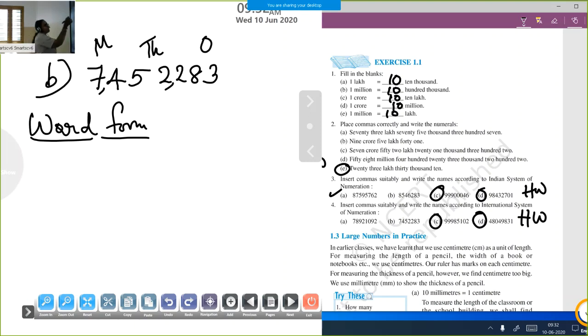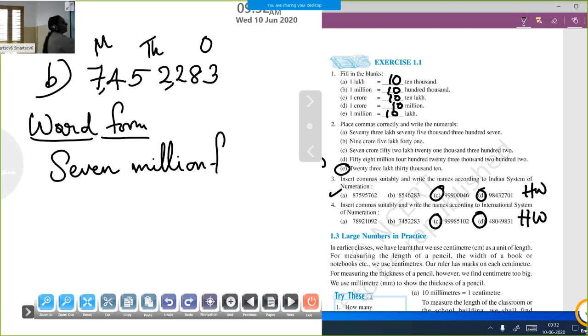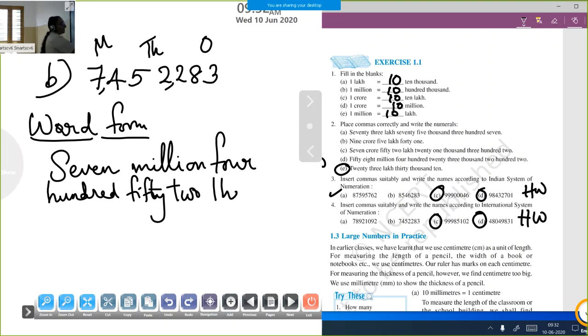So the teacher is writing, first is the millions period, 7 million, correct, 7 million, don't put any comma. 452,000 is correct, children?